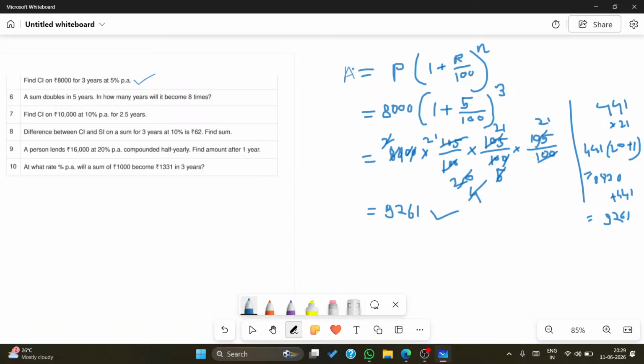What is the amount? Okay. So we have to find CI. So CI is equal to amount minus principal.